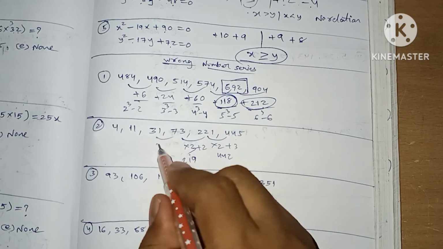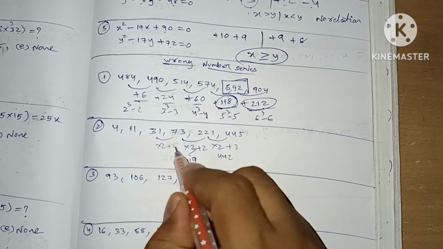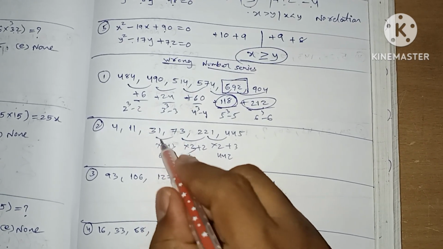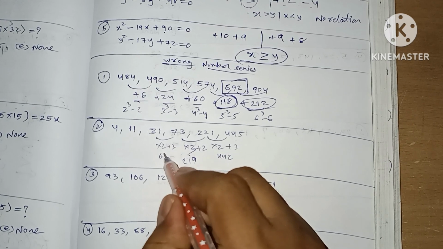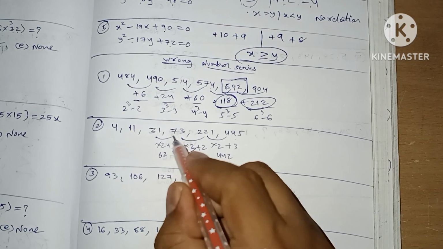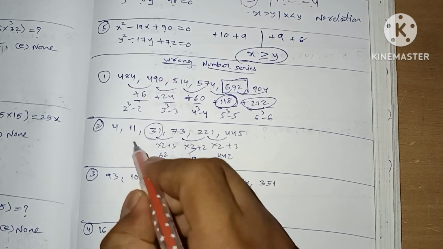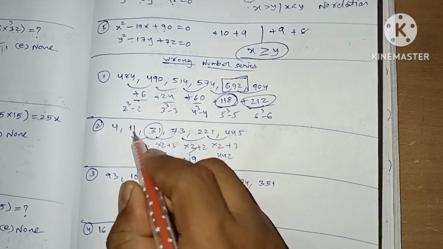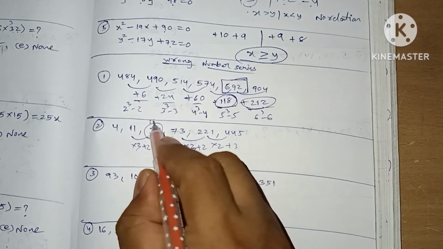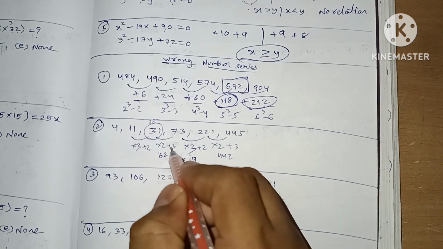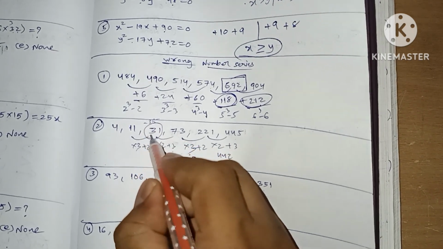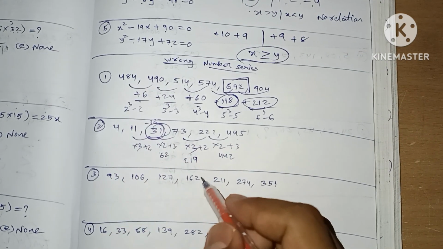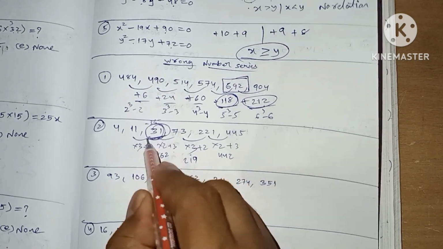So it must be into 2 plus 3, which will be 62 plus 3, which is 65. So it might be the wrong one. So it must be into 3 plus 2. 33 plus 2, which will be 35. 35 2 times is 70. 70 plus 3 will be 73. So this is our wrong number. So option 31 is our wrong number.